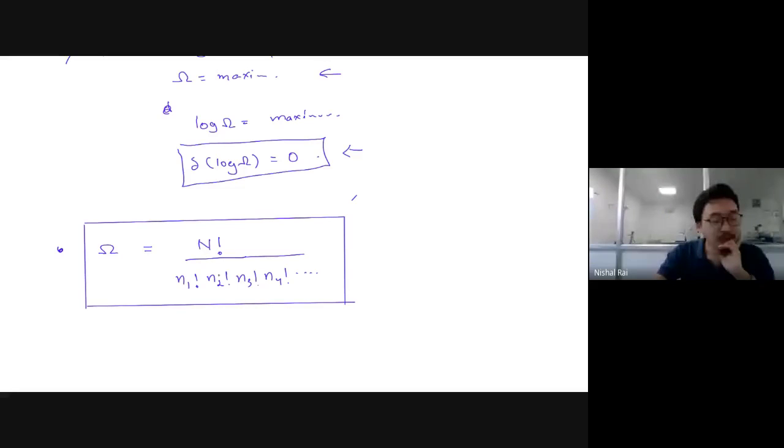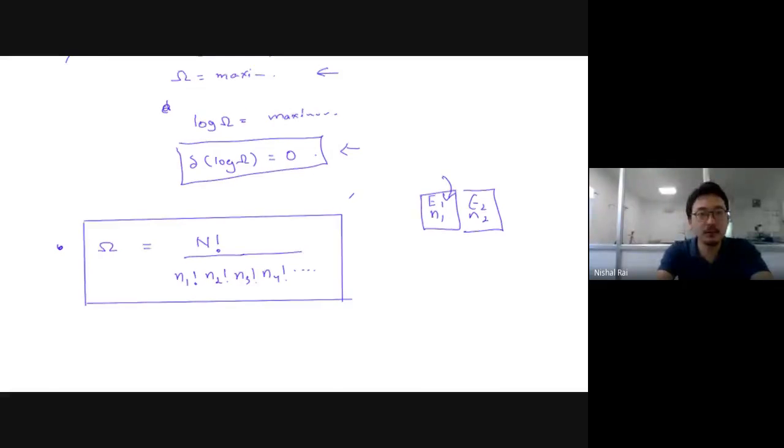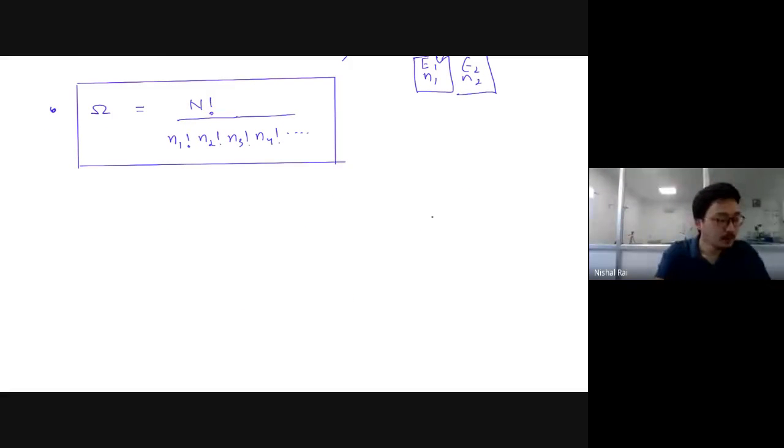This was the probability of N1 particles being in a box with energy E1, N2 in energy E2. Do you all remember? You just revise this because this is very important. So log of omega will be given by what?